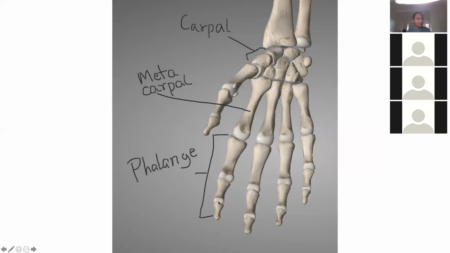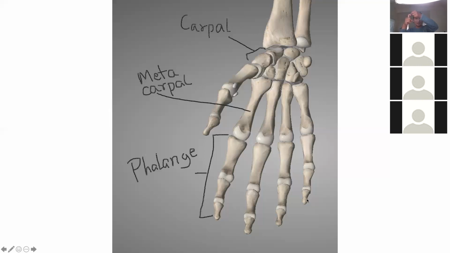There are 3 phalanges in 1 digit, except the thumb. So this is more proximal: proximal phalanx, middle phalanx, and distal phalanx. And for the little finger, metacarpal, proximal phalanx, middle phalanx, and distal phalanx.